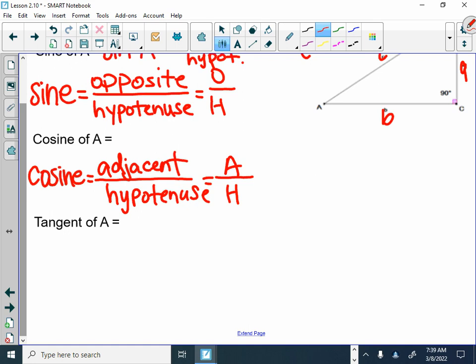Okay. The abbreviation for cosine is COS. COS stands for cosine. So the cosine of A means I need the leg that's adjacent or next to angle A divided by the hypotenuse.